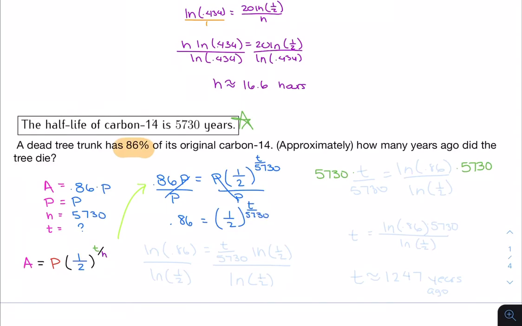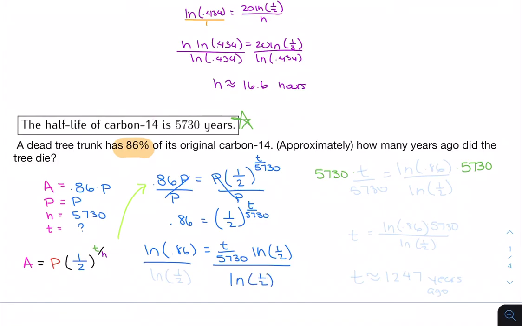So we can take the ln of both sides. So we take ln of 0.86 is equal to the t over 5,730 comes up front, ln of 1/2. So at this point, this is algebra, and we're just trying to solve for t. So we can just divide both sides by ln of 1/2.